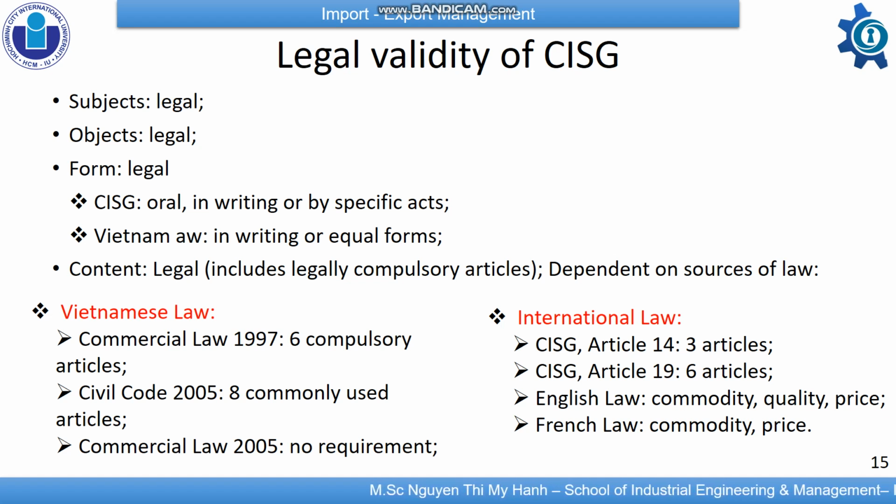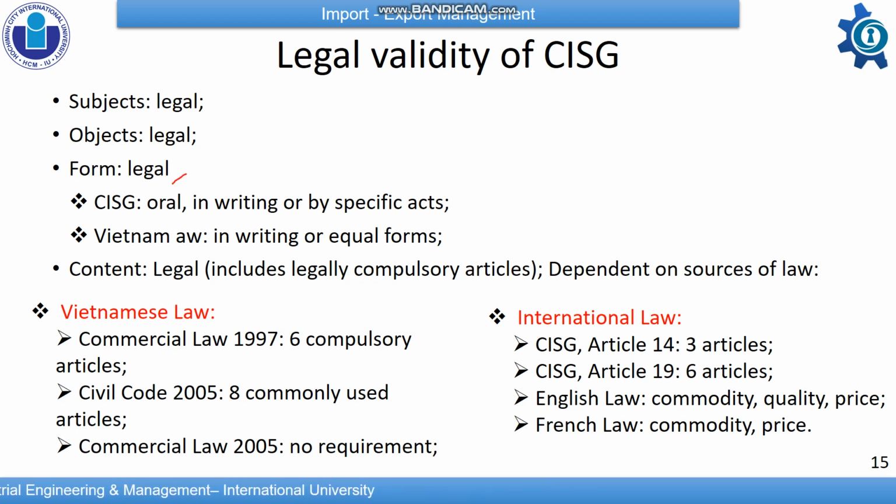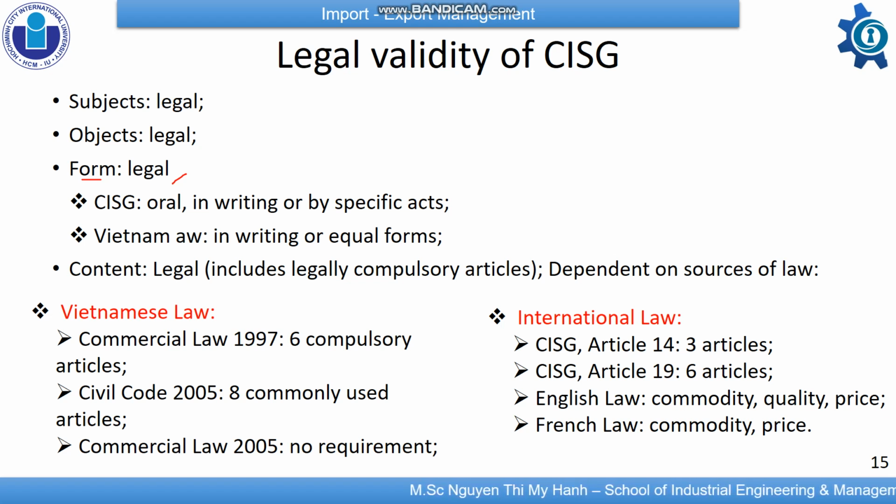The legal validity of CISG. The subjects should be legal, the objects should be legal, the form also should be legal. So following CISG, the form can be either oral or writing or by other specific acts.